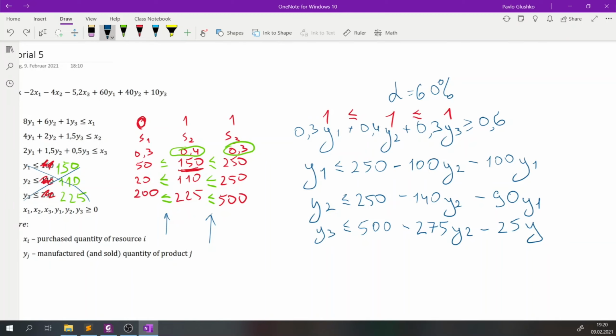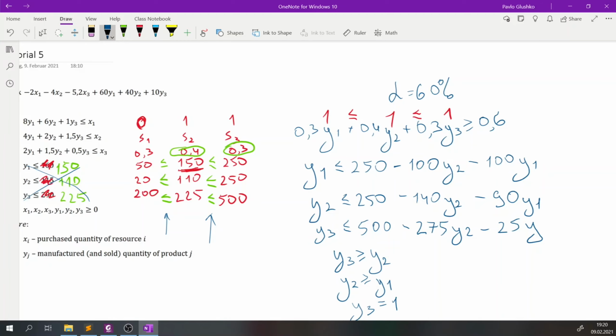So we need to write down now this constraint as y3 more than y2 and y2 more than y1. And actually, y3 should be always 1.